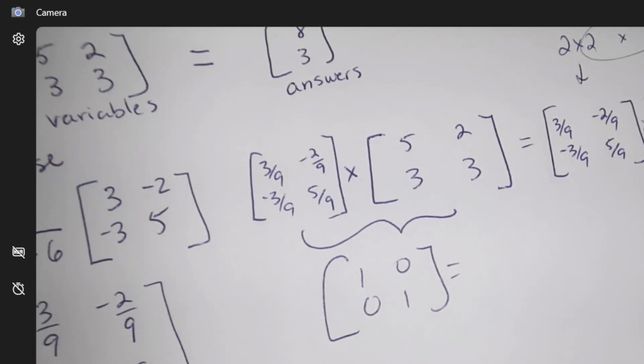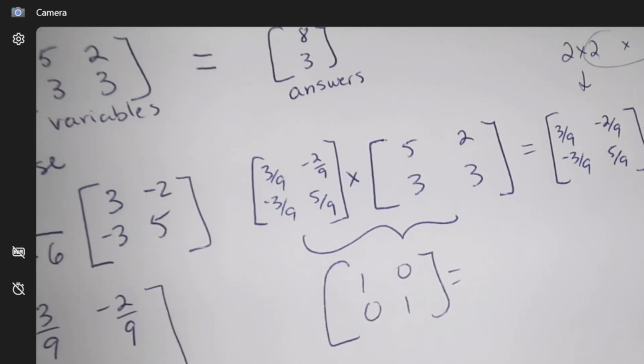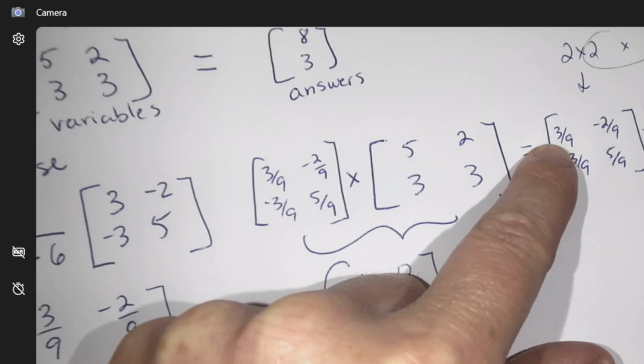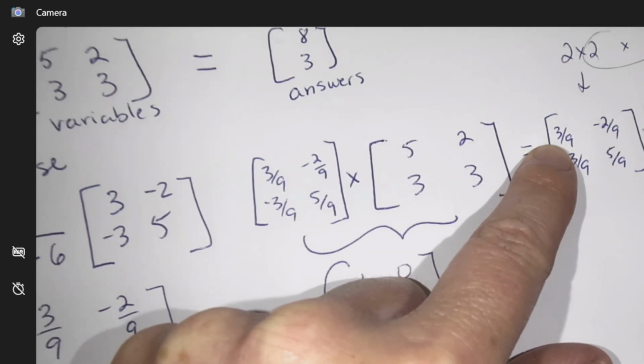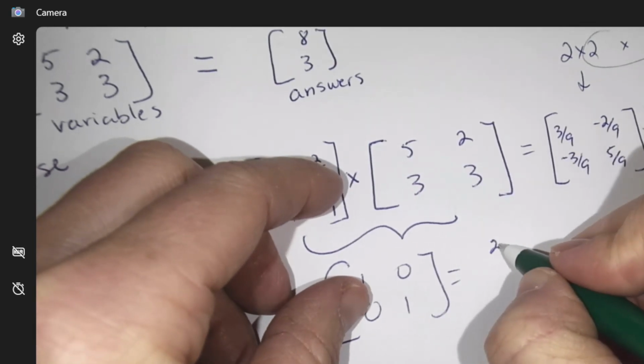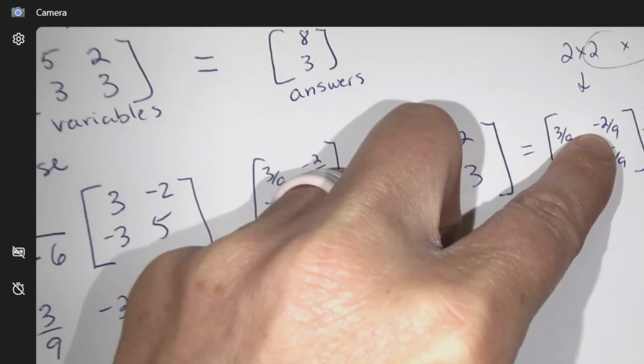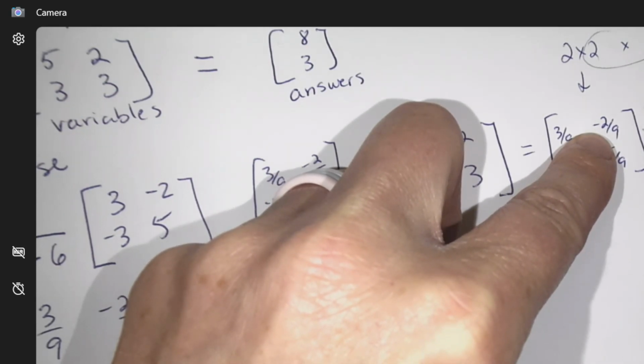Okay? Now we got to do this side. Okay, row 1 and column 1. You ready? Here we go. 24 over 9, minus 6 over 9.